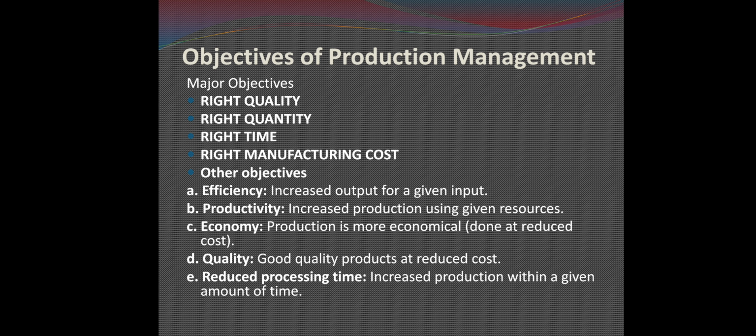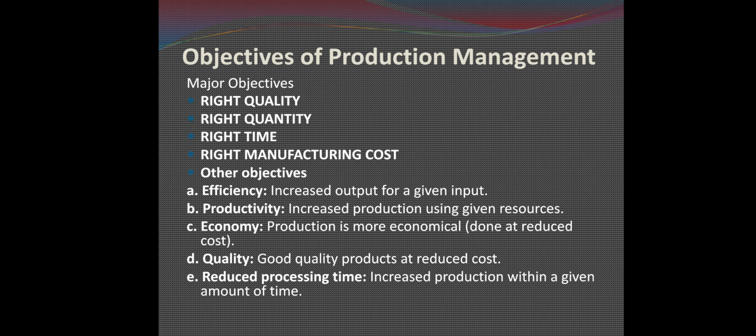There are some other objectives of production management: efficiency, productivity, economy, quality and reduced processing time. First, efficiency. Due to proper management, the product can be produced in an efficient way, so production management increases the efficiency of an organization in producing a product.